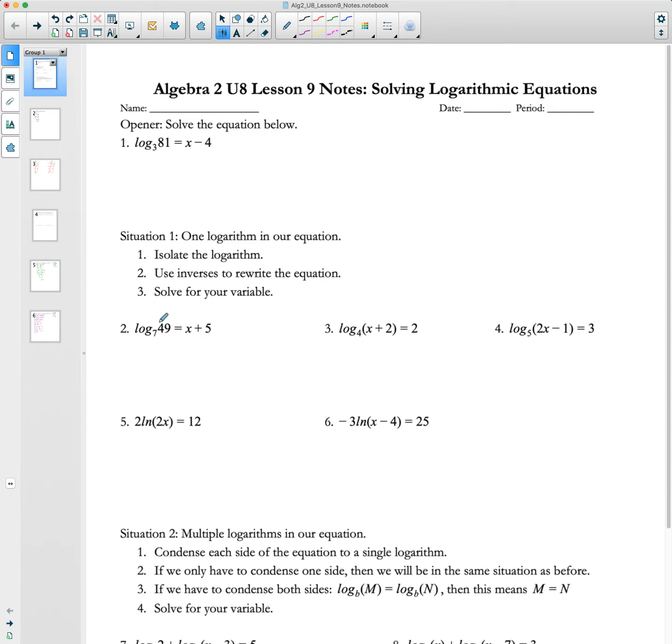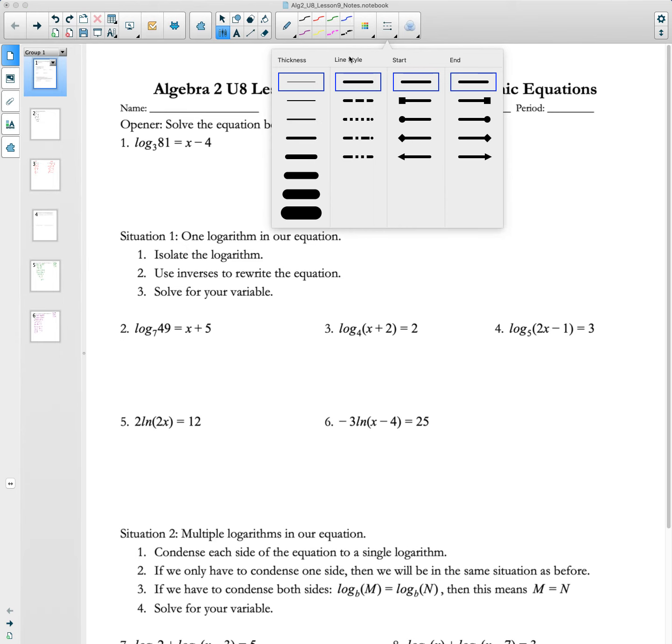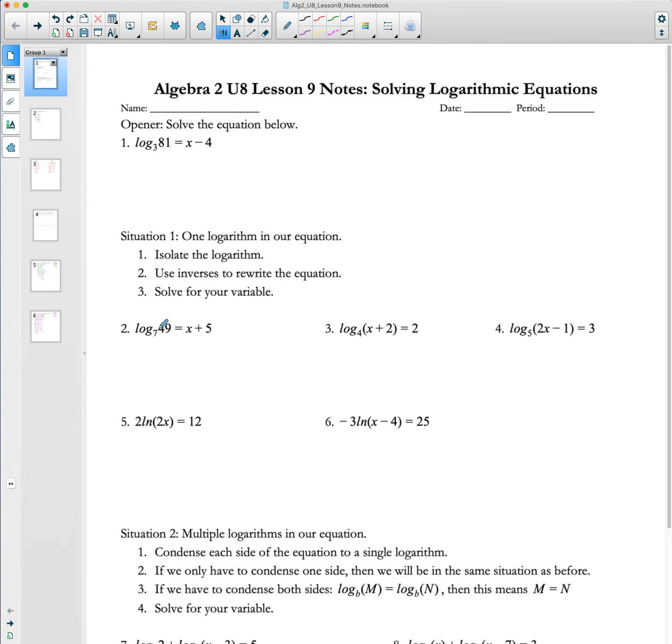So when I look at number 2 here, I can see that the logarithm on the left is isolated. So I know my base is 7, my exponent is x plus 5, and it has to equal 49. So 7 to the x plus 5 has to equal 49.